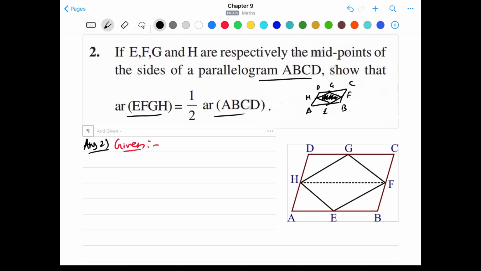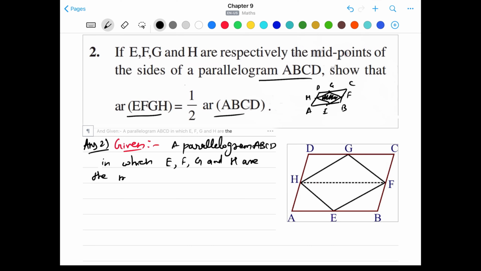Given here is a parallelogram ABCD, in which E, F, G and H are the midpoints of its sides.